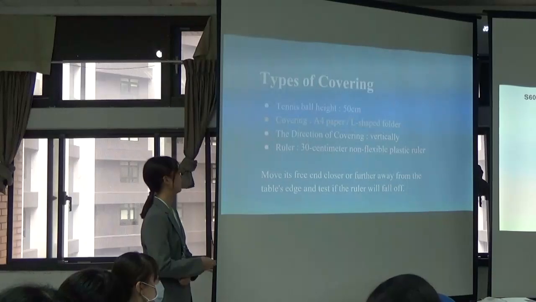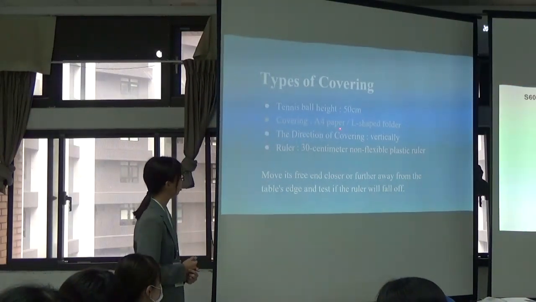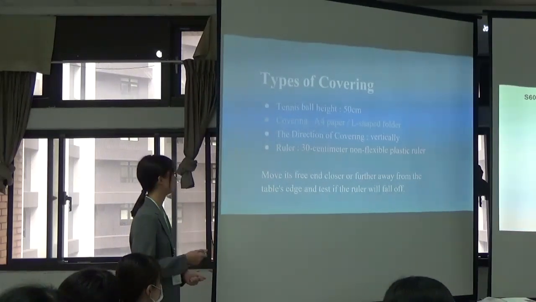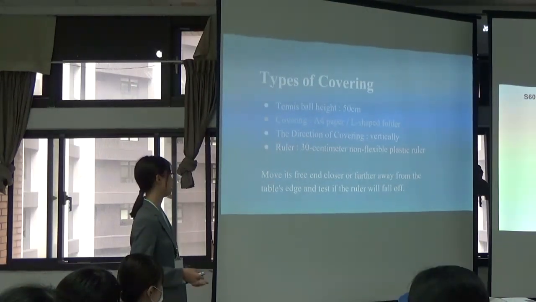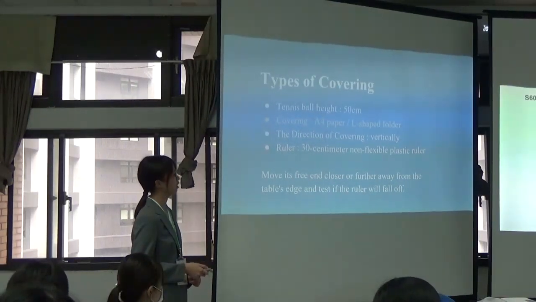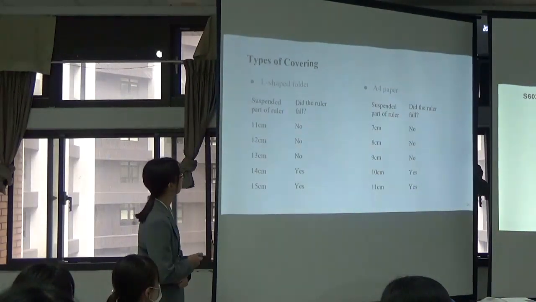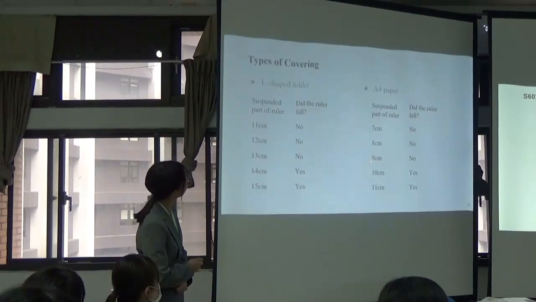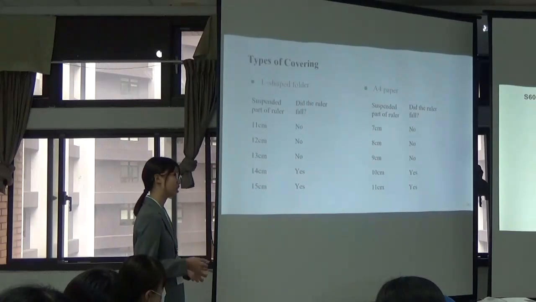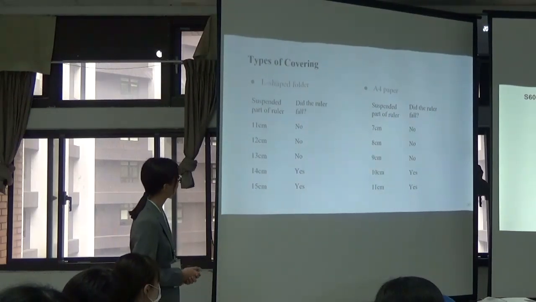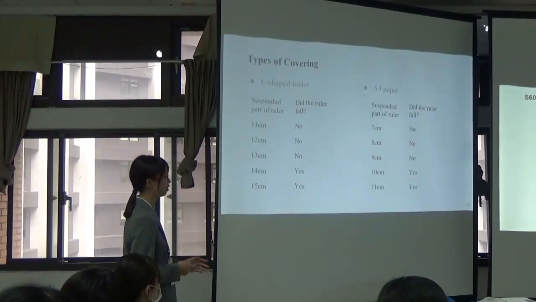And the next is changing the types of covering. We changed the covering to A4 paper or an L-shaped plastic folder. We also moved the ruler's free end closer to or further away from the table's edge and tested whether the ruler will fall off or not. Here's our data. We can see that when the suspended part of the ruler is 10 centimeters, the ruler covered with A4 paper already falls off, but the ruler covered with the L-shaped folder didn't fall off.